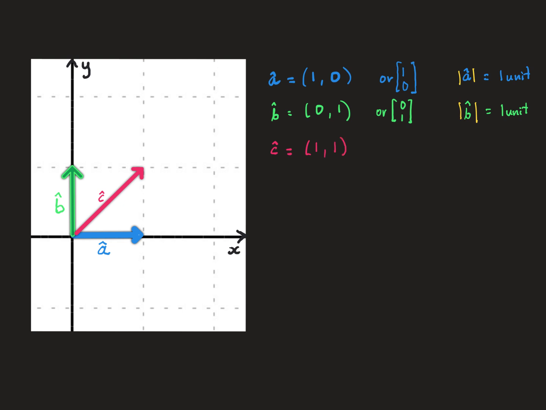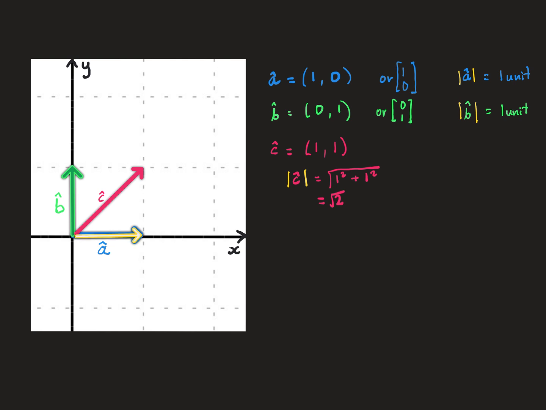If we calculate its size or its magnitude, putting it in modulus, we find that it is the root of 1 squared plus 1 squared, and that gives us the root of 2, which is not 1 unit.